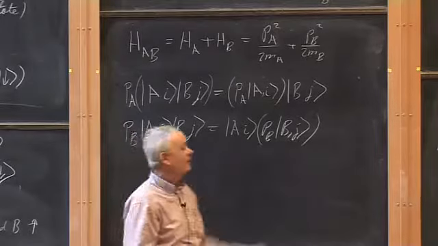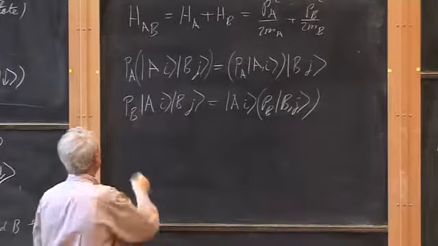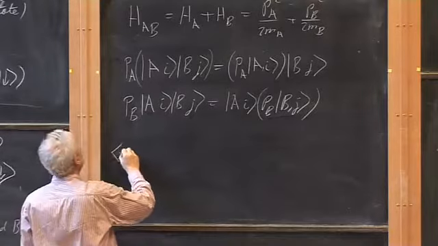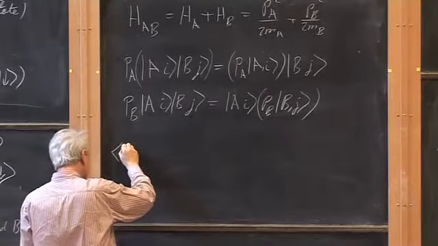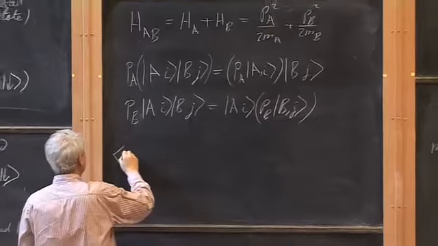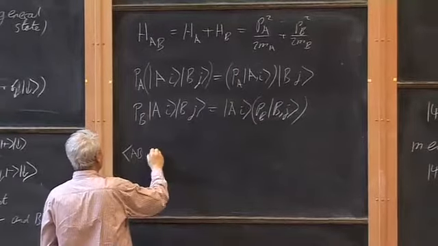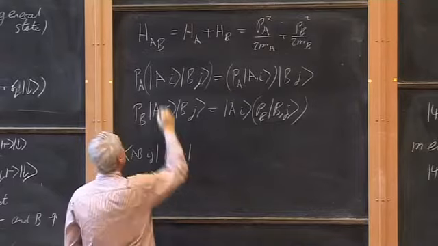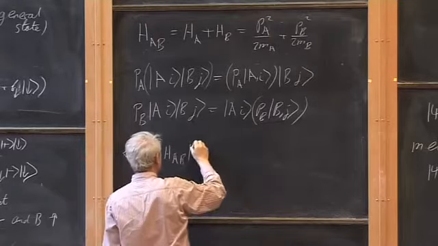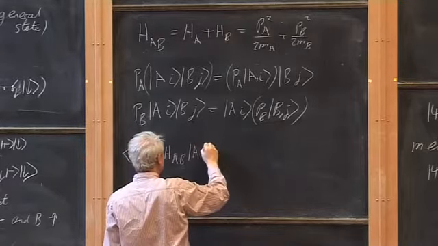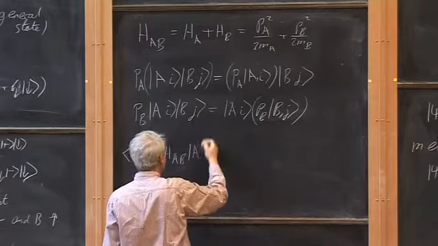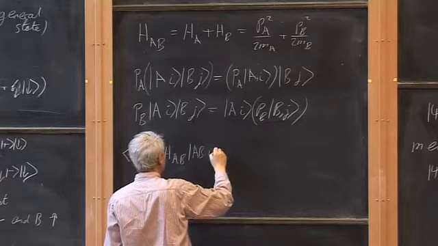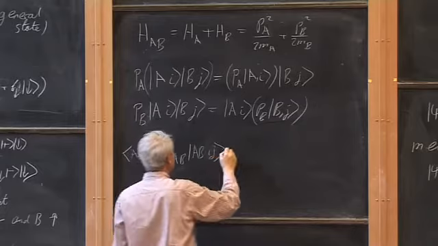So, for example, what would the expectation value of HAB be in this case here? Let's just make sure that we get some sense out of this. So what does that mean?